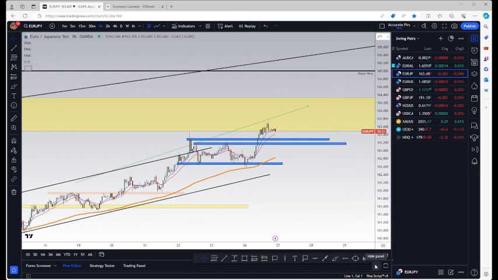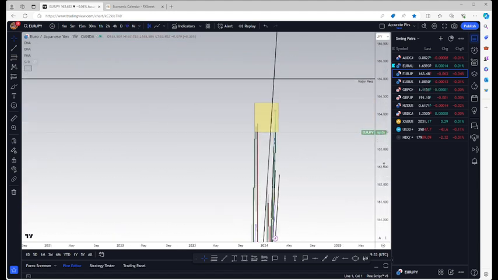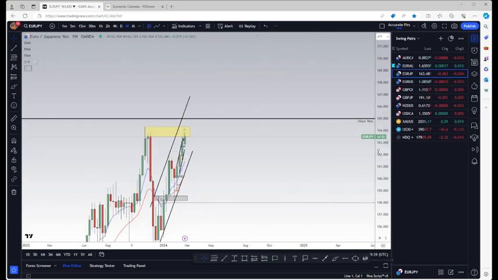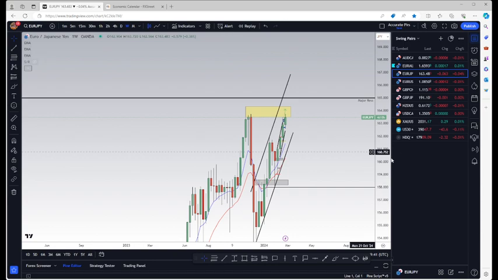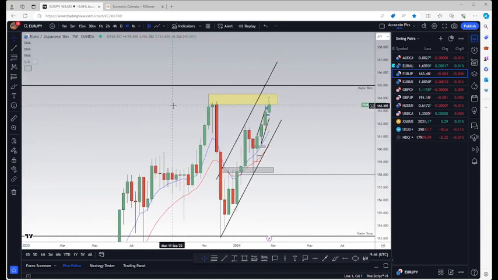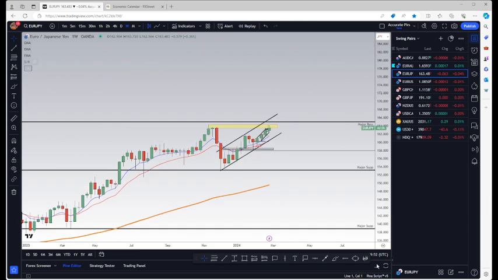EJ's just in an uptrend for me. EJ's just moving so nice, and I believe it wants to come up to this major resistance level. Actually, you know what? Sorry, looking at it on a weekly time frame, that could be the end of that move for EJ, unless it was looking to take out these highs.